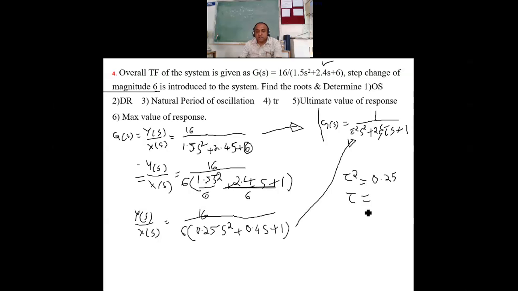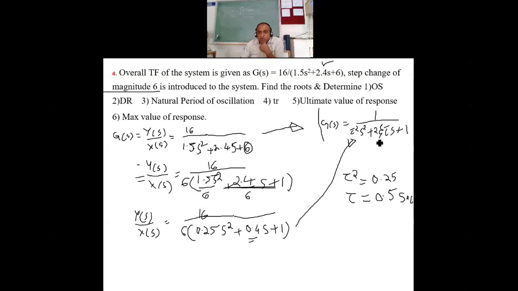Nagaranjani says 0.5. So tau you get 0.5, let us take it as seconds, so 0.5 second.